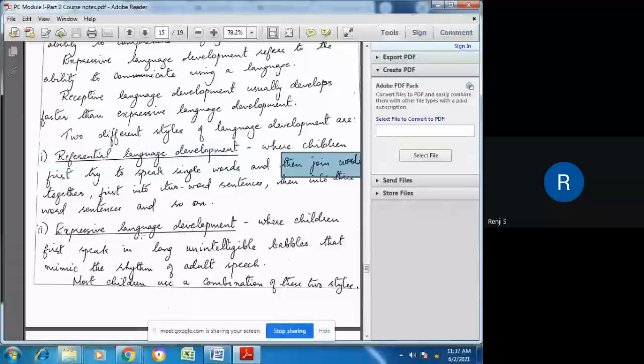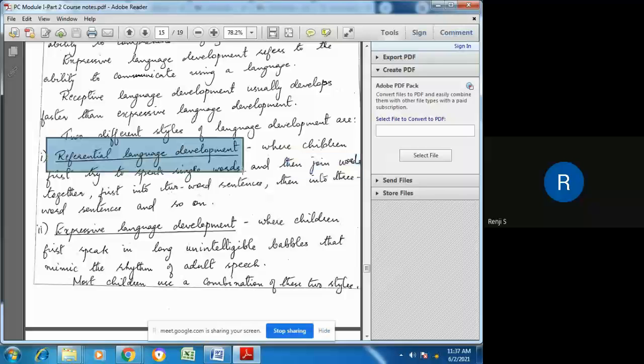They cannot speak the entire sentence together, so they just speak single words and combine two or three words together. And that is known as referential language development. So children, even when they start speaking, they just use words first, and they don't know how to build sentences. So that form of language development is known as referential language development.